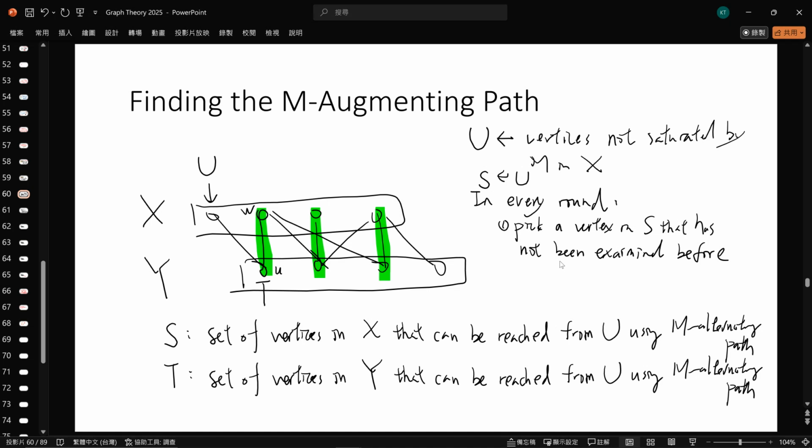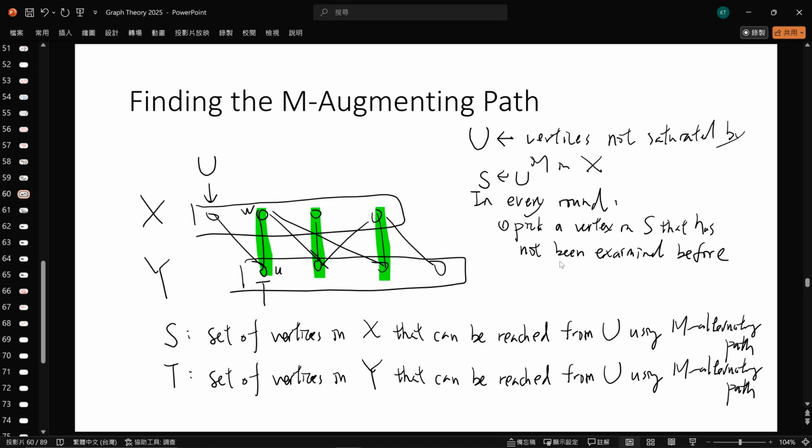Actually there are two cases here. The first case is that when you go down and you reach a vertex in Y that is not saturated, then this means you have found an M augmenting path. So we start from some unsaturated vertex in X, and then blah, blah, blah, then we go to an unsaturated vertex in Y, which means we have found an M augmenting path.